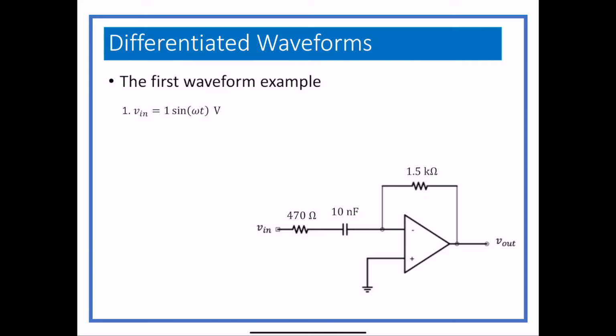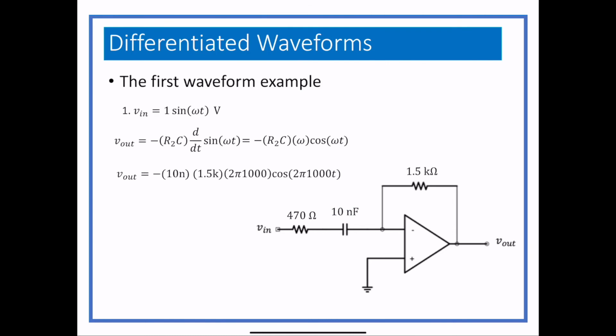So we can go back and take our Vin as 1 sine omega t, and do the process mathematically and take Vout as minus R2C times the derivative of the sine wave. And we take the omega out, because we always have to do that, and then minus R2C times omega times cosine omega t.